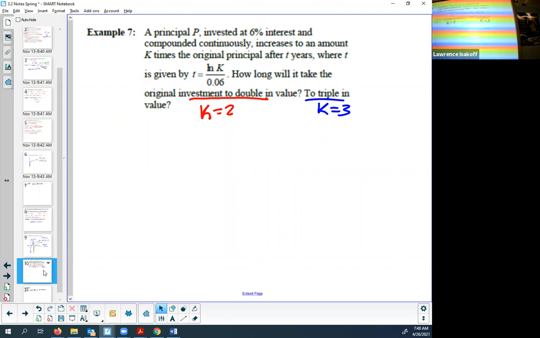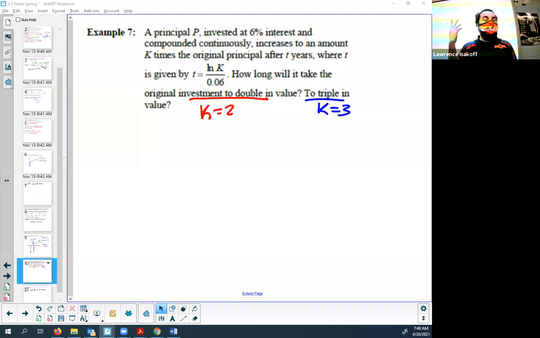So this is a very interesting formula here. Basically, if I want to try and double my money, this can tell me how long that will take at this interest rate. So I can just plug in 2 for K and divide by whatever interest you have. I can also plug 3 in and do the same thing.